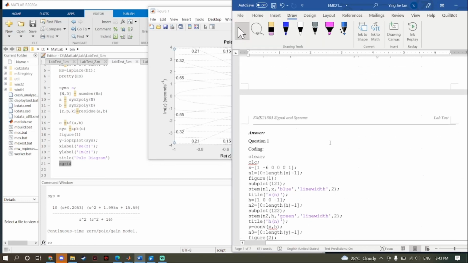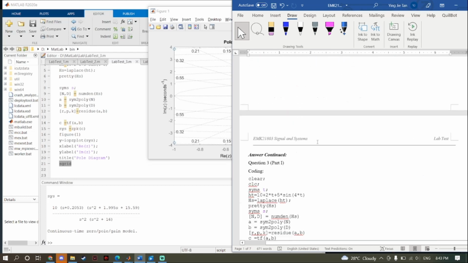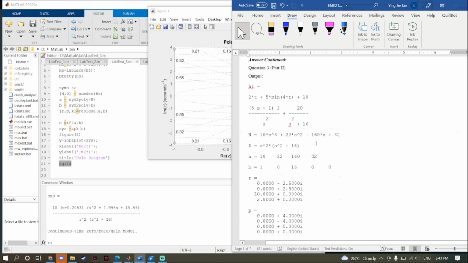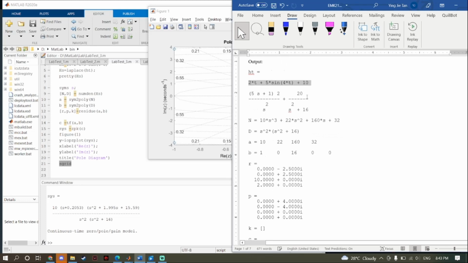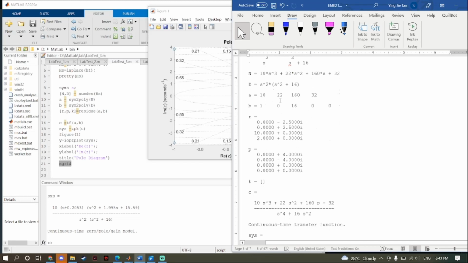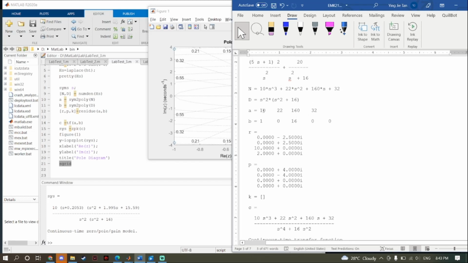And we are going to the coding part again. So not the code part, it's the output part. Okay, output part, it will give us the HS, our equation, and then it will list out the N and D and then substitute everything. So A is the value from the numerator here.